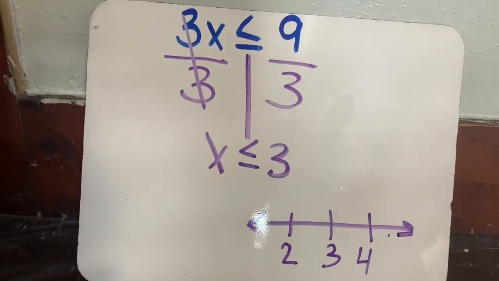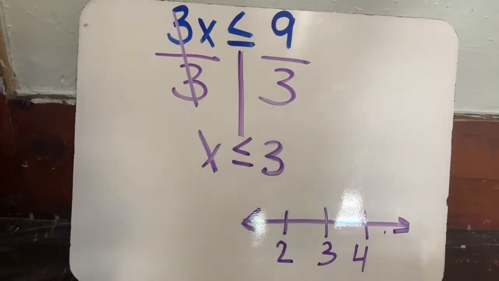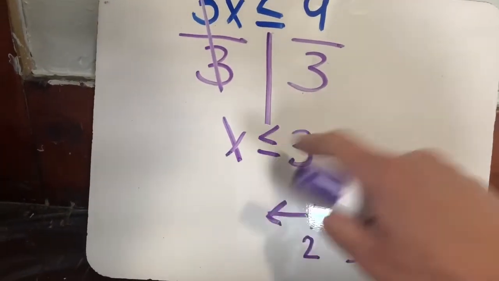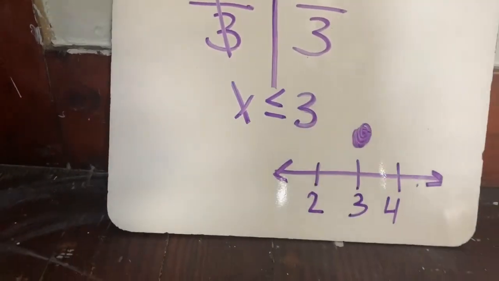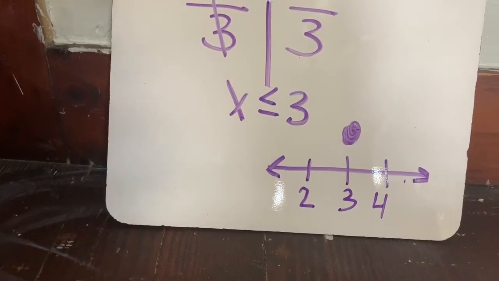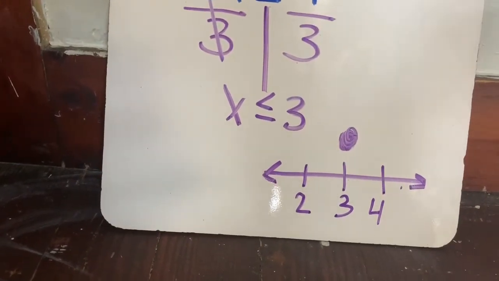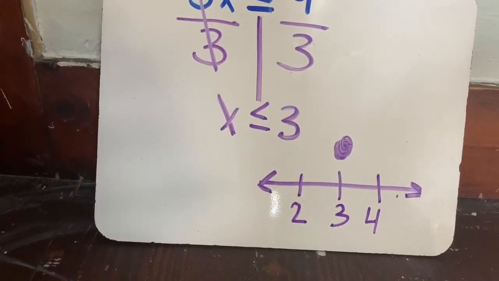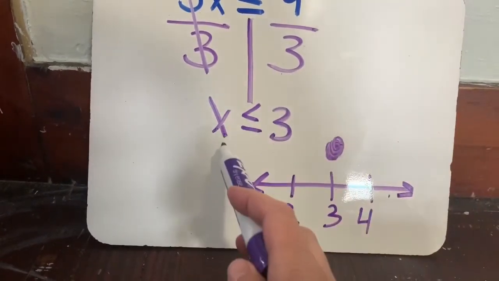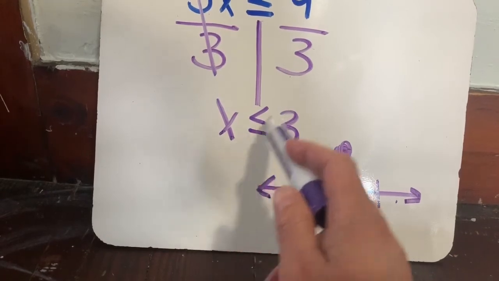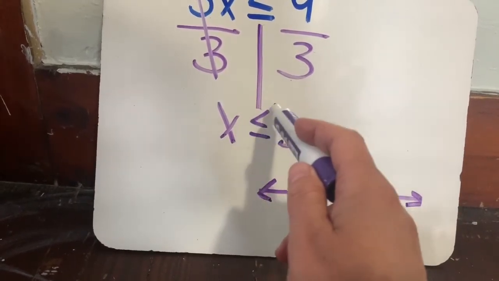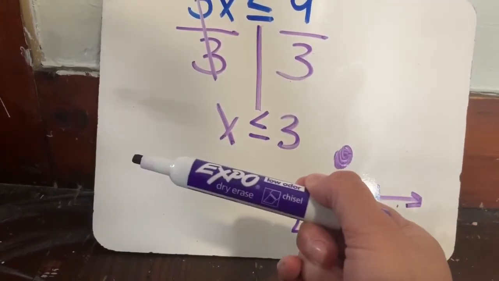Now I have to answer my 2 questions. What type of circle? When there's that line underneath, I have to color my dot. And then the second question is, which way should my arrow go? Well, as long as your variable's on the left, there's a cheat. See how that's an arrow pointing to that side?